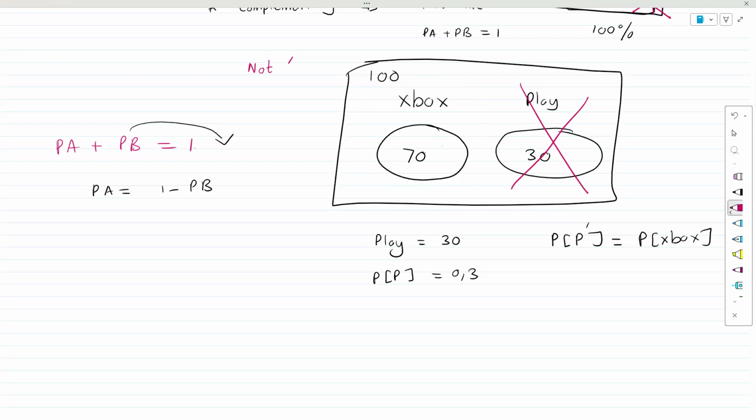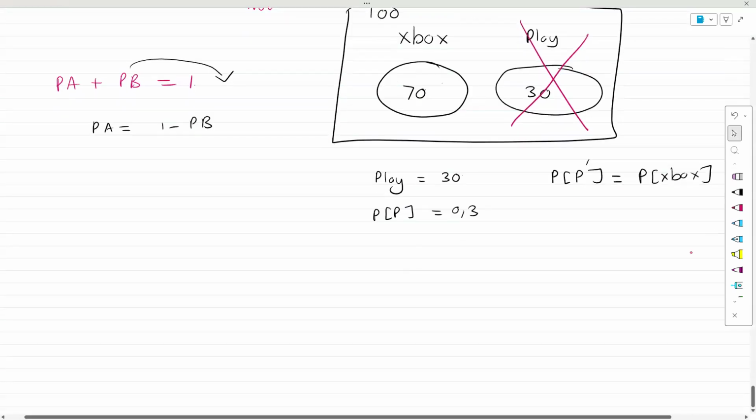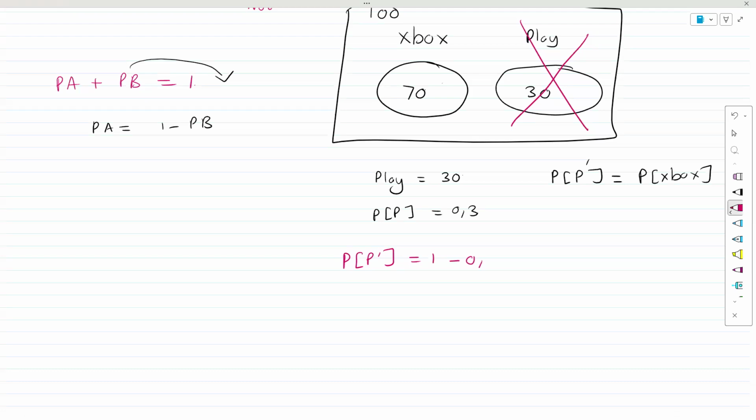Now, how do I get the people that don't like PlayStation? Quite simple. The people who don't like the PlayStation, it's just 100% minus the people that like the PlayStation. And automatically, this is 0.7, right? But again, if you want, let me explain to you all.